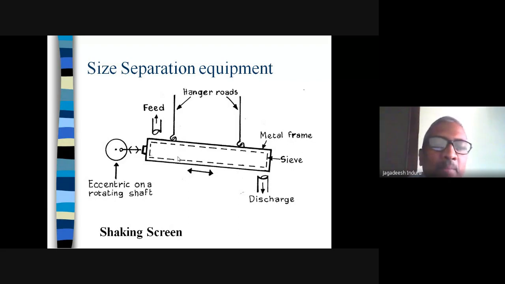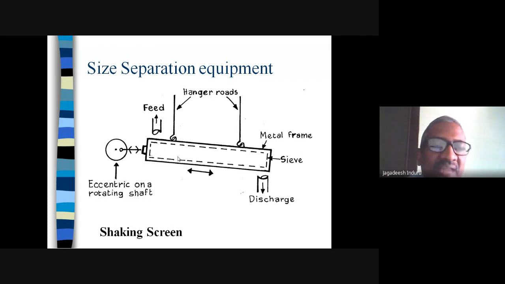Or you can make a small variation in the working to collect the top material separately, and you can get a continuous process. Continuous process means you continuously feed the material, get the plus material at the top and minus material at the bottom continuously without interrupting it. This is a small variation which will be present in the working. It means in the working, what are the points you have got?